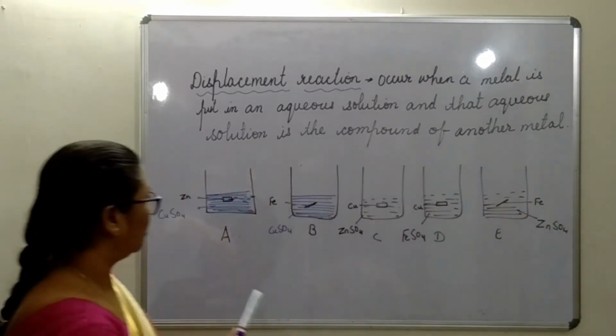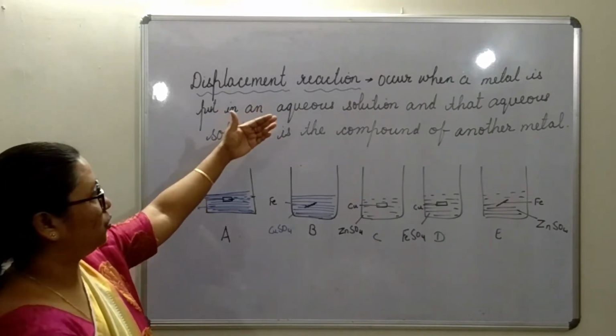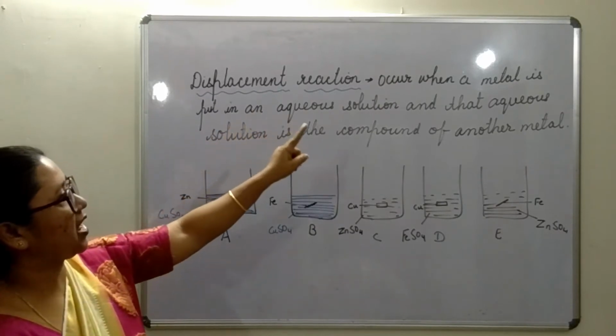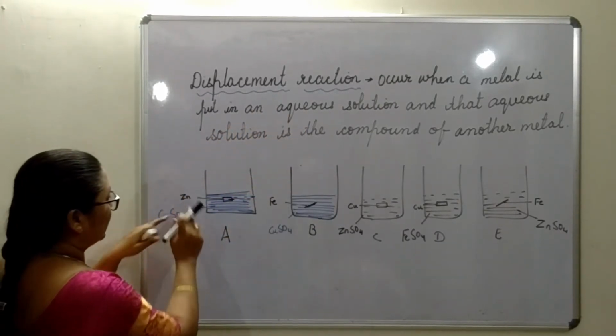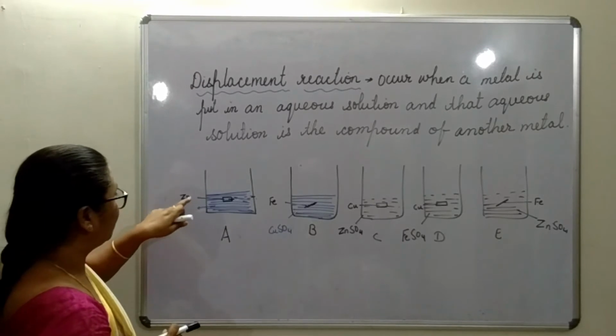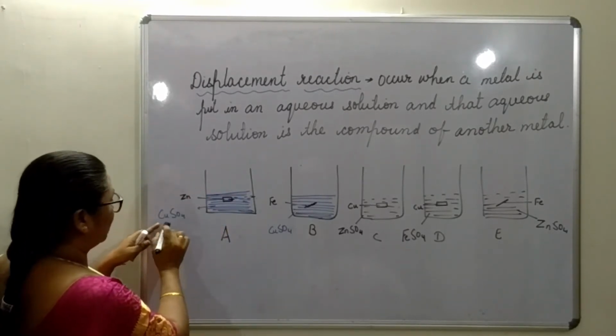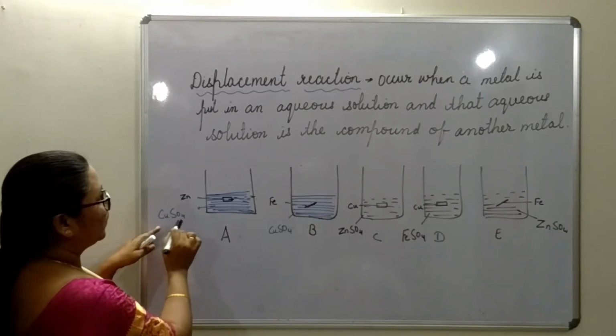So just go through the statement that displacement reaction occurs when a metal, here the metal is zinc, is put in the aqueous solution. What is the aqueous solution here? CuSO4, that is copper sulfate solution.